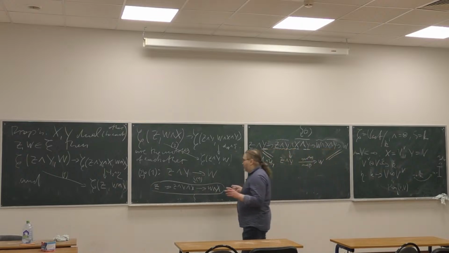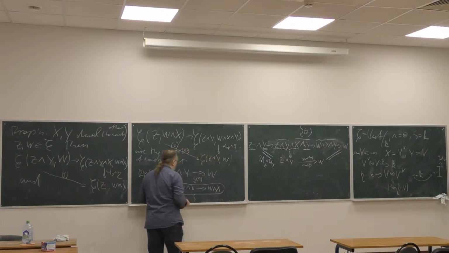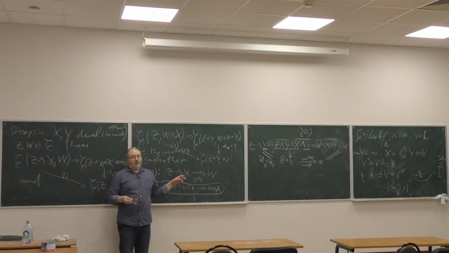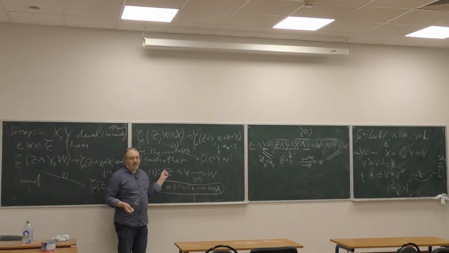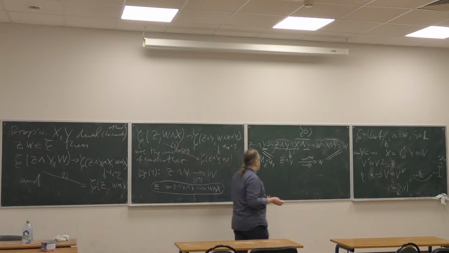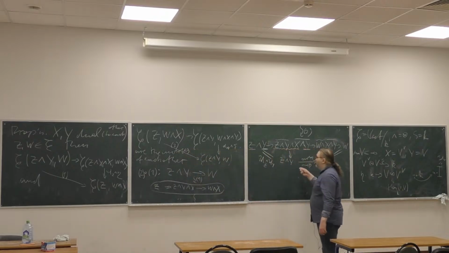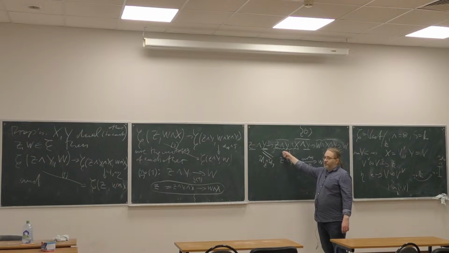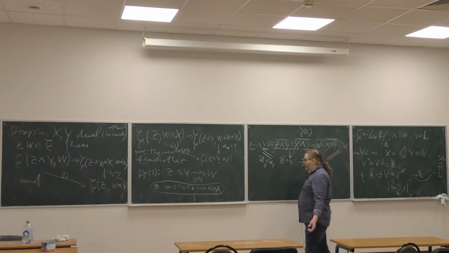So we have shown, using one of the two defining identities for dualizable objects, that this composition is the identity. We start with something and we end up with the same thing.